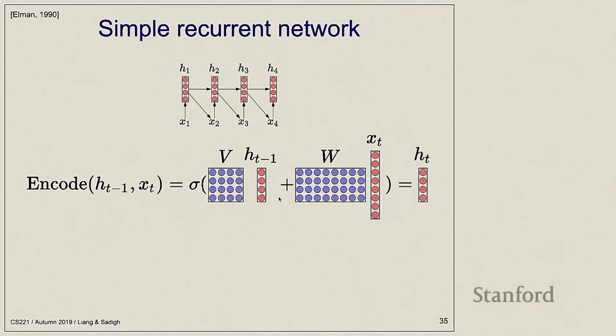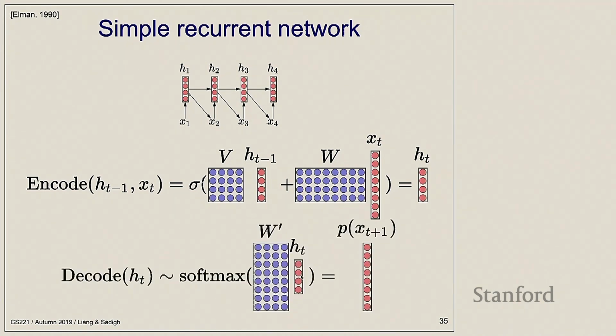And then you add those vectors, and that gives you a vector, which is your new hidden state. And your decode is the same thing. You take your hidden state, pass it through a matrix to get a vector, and then send that through a softmax to turn the vector of logits into a distribution of probabilities.